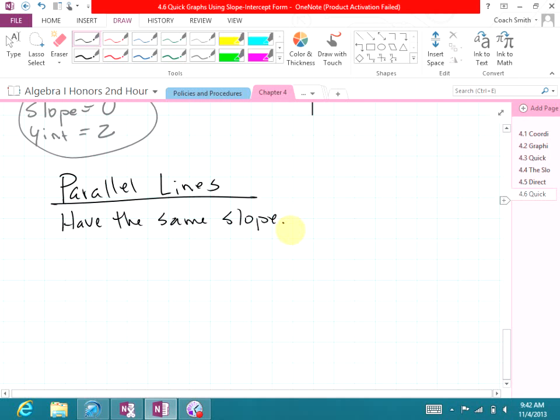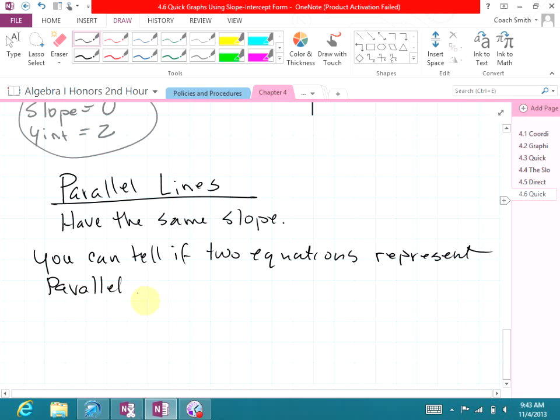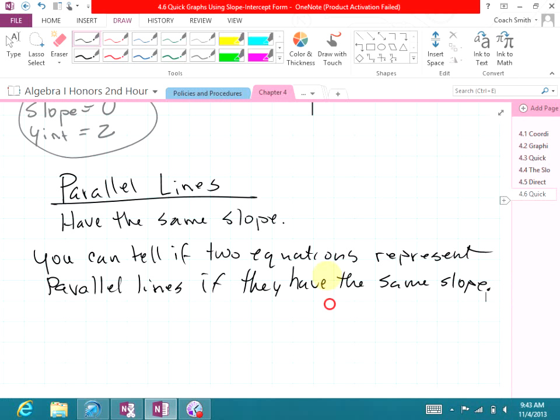So you can tell if two equations represent parallel lines if they have the same slope. Okay? So, let me give you an example.